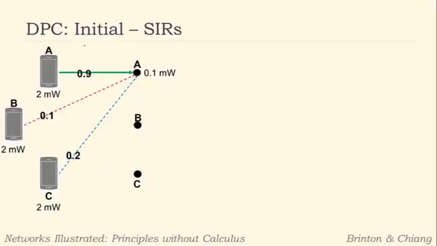So we'll do that now, starting with the first link A. Link A has a direct gain of 0.9 and a transmit power of 2 milliwatts. And again, remember that the signal to interference ratio is signal over interference plus the noise. So the signal is 0.9 times 2 milliwatts.